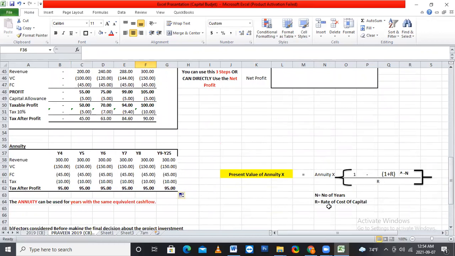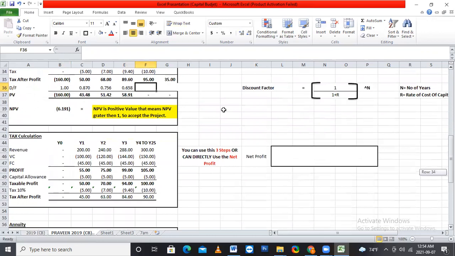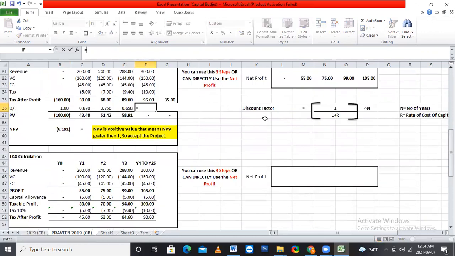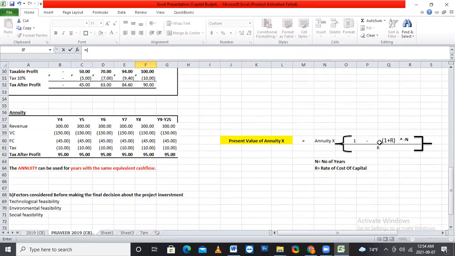Annuity rate is, here I'll use the annuity formula. Here also r is the rate of cost of capital, n is the number of years. Equal to open bracket 1 minus open bracket 1 plus r, meaning cost of capital, to the power of minus the number of years, 25.